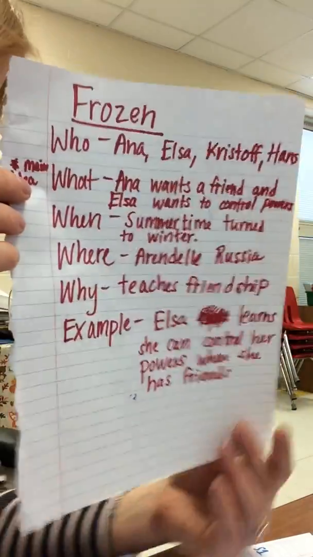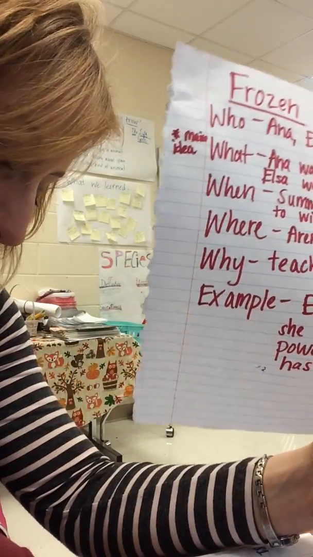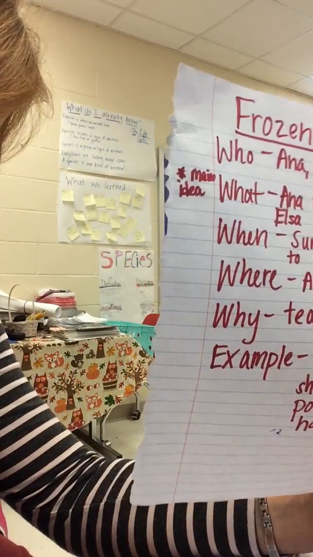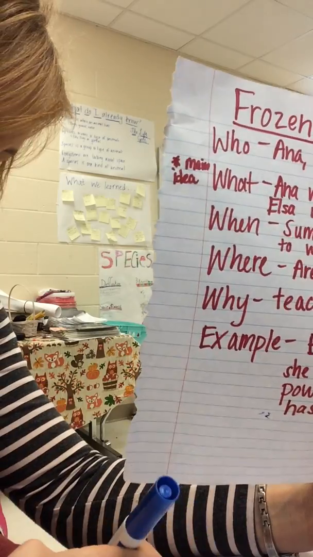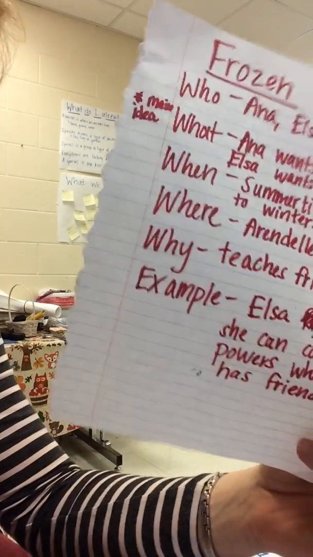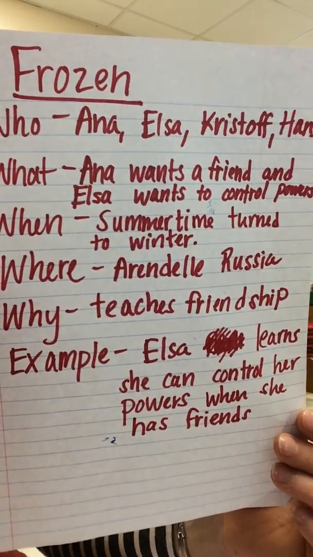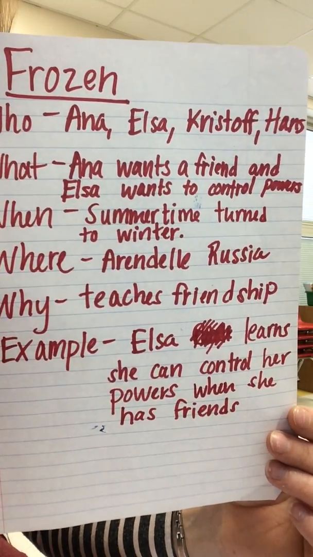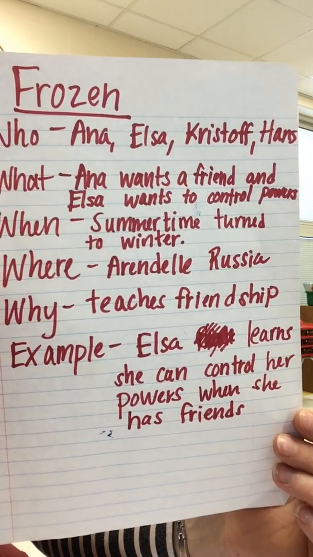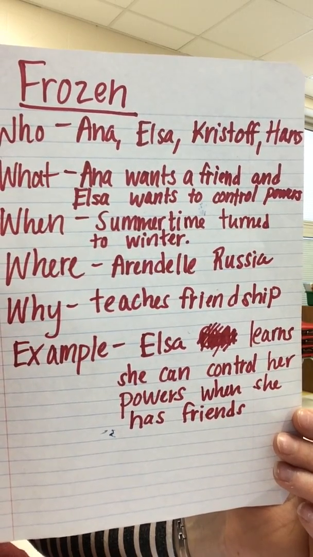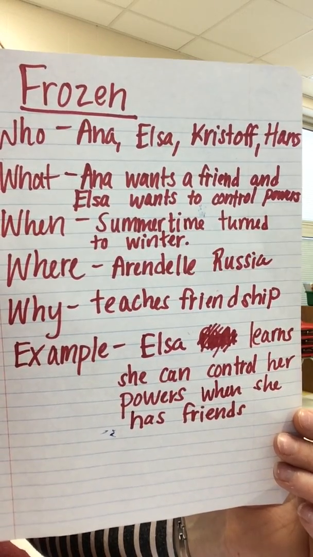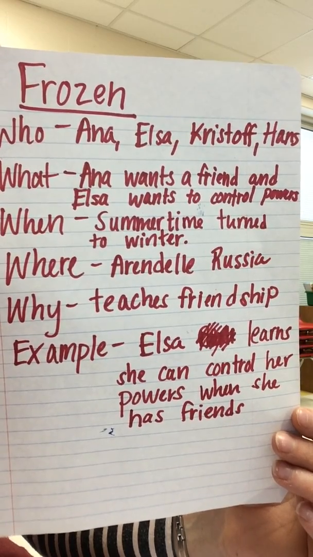Now, I said in my sentence for sentence 4, the movie takes place in the summer until Elsa freezes everything. Is that the same as what I said in my when in my notes? No. I changed it up a little bit.